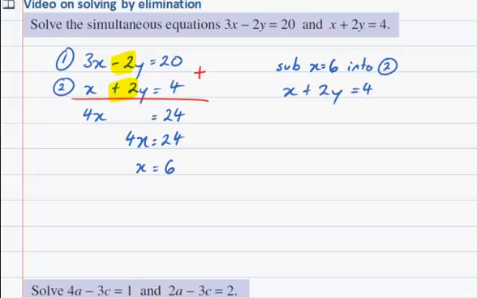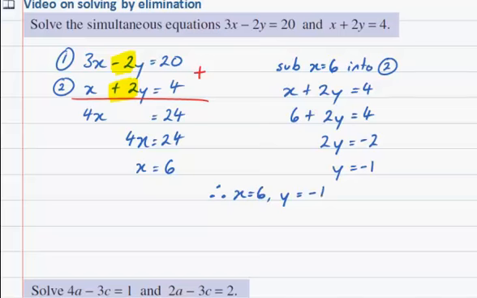Where I see x, I'm going to replace it with 6. So 6 plus 2y equals 4. Subtract the 6, 2y equals -2, and divide by 2, so y equals -1. So my solution to this pair of equations is x equals 6 and y equals -1.